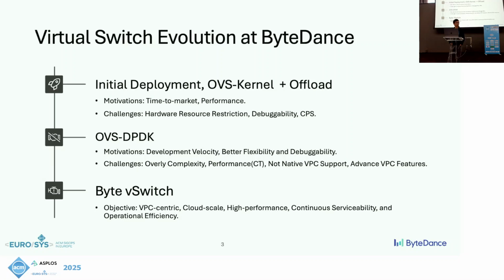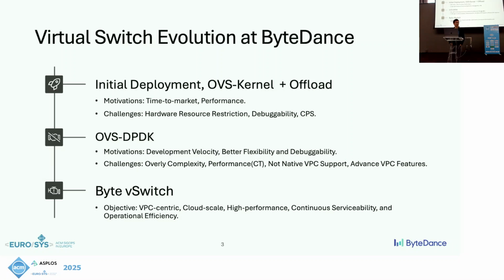But when we started the public cloud services, we went over all the available options, open source, or from other cloud providers that presented their work. And we took OVS, Open vSwitch, one of the most popular virtual switch options. Because of the time to market and the performance requirement, we took the OVS kernel plus offload option.